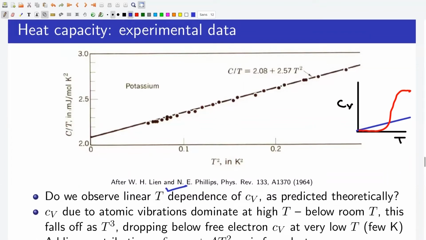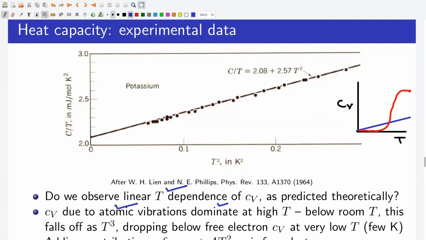Now, if you take a solid, then there are other sources contributing to CV. For example, the atomic vibrations. And at room temperature, the atomic vibration will dominate. For example, if you look at the red curve, this is how the CV for the atomic vibration changes as a function of temperature.